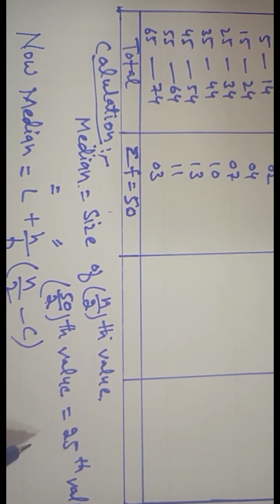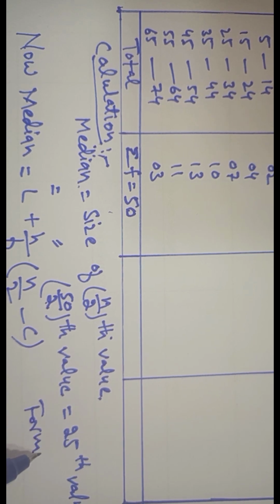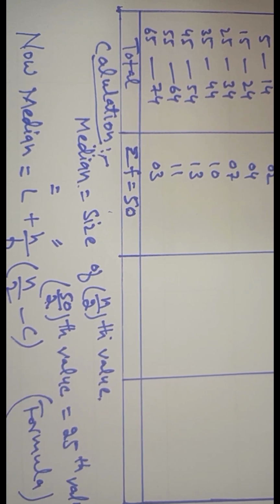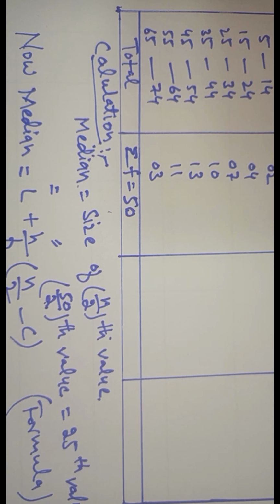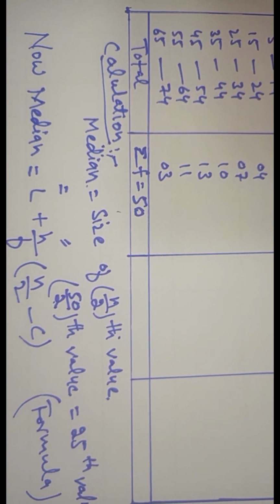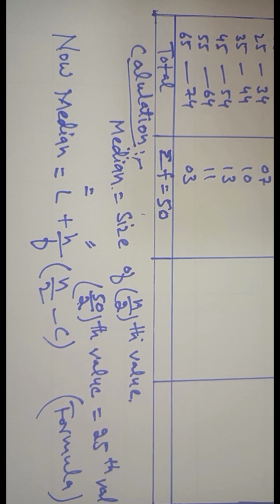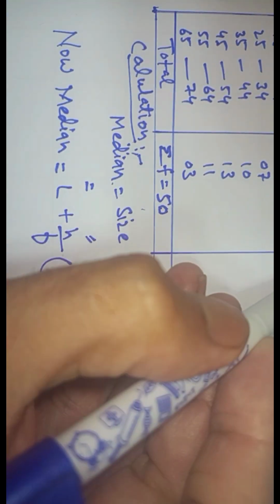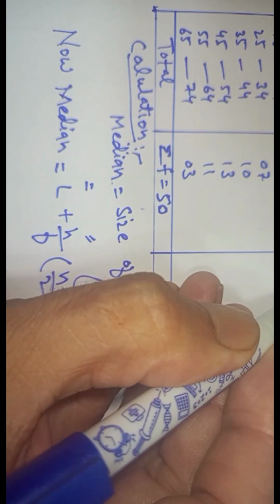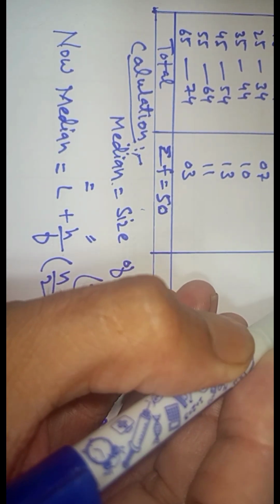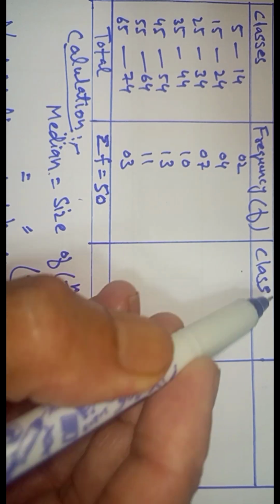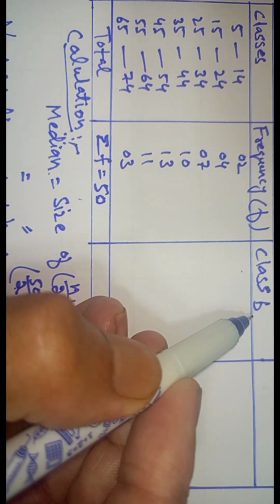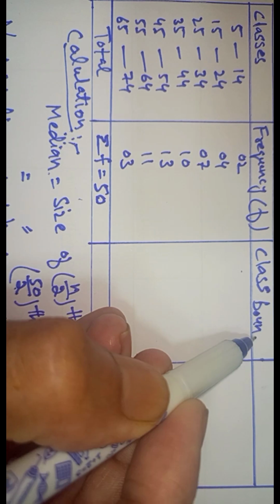Here L is the lower class boundary, h is the class interval, and f is the corresponding frequency. n is the total frequency, divided by 2, minus c, the cumulative frequency of the class preceding the modal class.